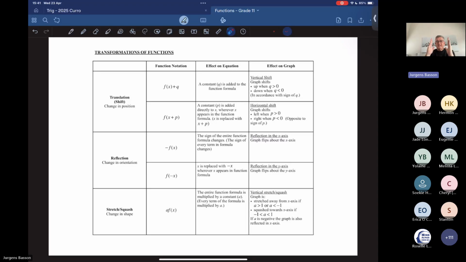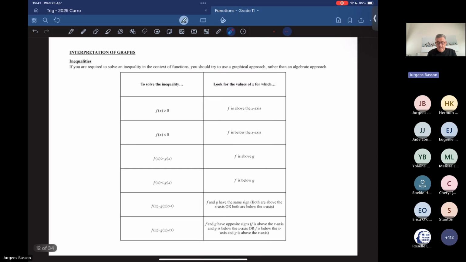And if that a is a fraction, like a half or a quarter, we squash the parabola so it opens up. So that is where this terminology is coming from. So just be aware, we are going to do these transformations now when we start some problems. This is the interpretation of graphs that starts here.